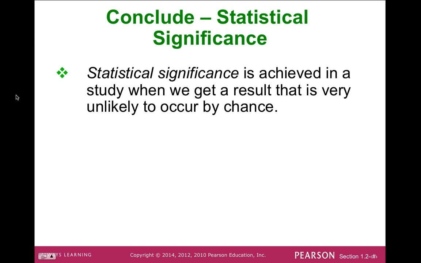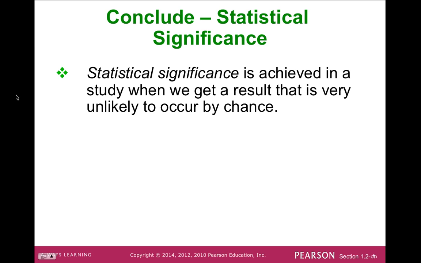So what do I mean by that? For example, if I were to toss a coin 100 times, and out of those 100 times, 99 of them I got tails, that is not a result that is very likely to occur by chance. We know from our everyday experience, and probably from coin flipping ourselves in the past, that there's roughly a 50-50 chance of getting heads or tails.